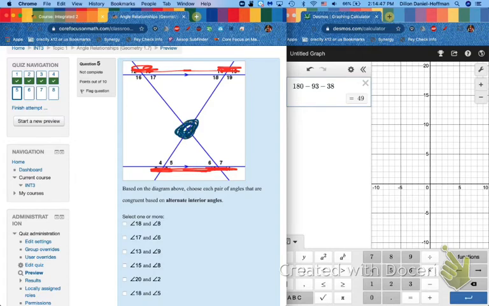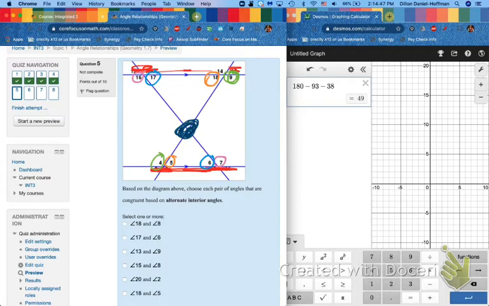Instead, I'll color coordinate them for you. 16 will match 7, so the two pink ones match. And then 17 will match 6. Similarly, 4 will match 19. And what color? I guess orange would be good. 18 would match 5. And whoa there, Greenie, you're really taking up a lot of space, so let's redraw that one.